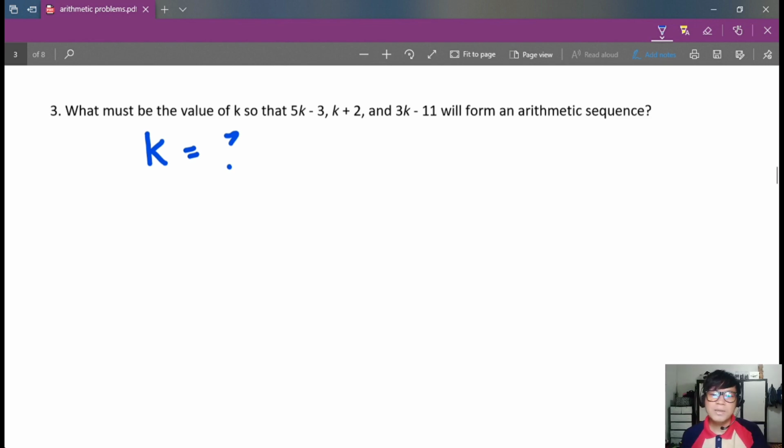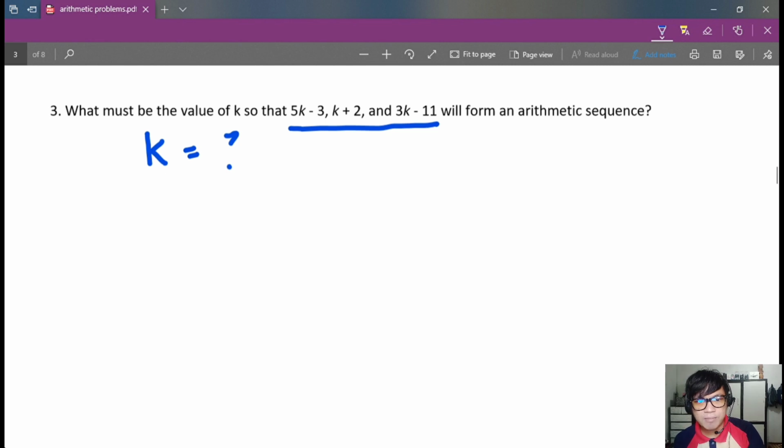Okay, ano ba yung alam natin sa common difference? Pag sinabing common difference, lahat ng any two consecutive terms sa sequence, pare-pareho ang kanilang difference. Kaya tinawag siya na common difference. Now, ito yung ating arithmetic sequence.